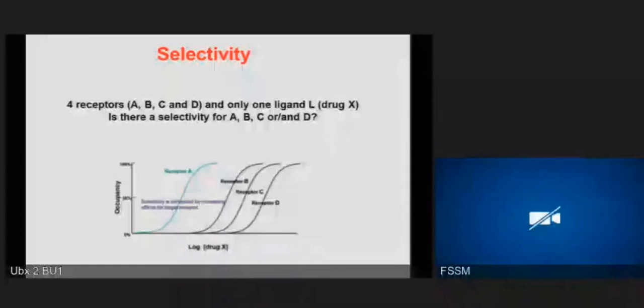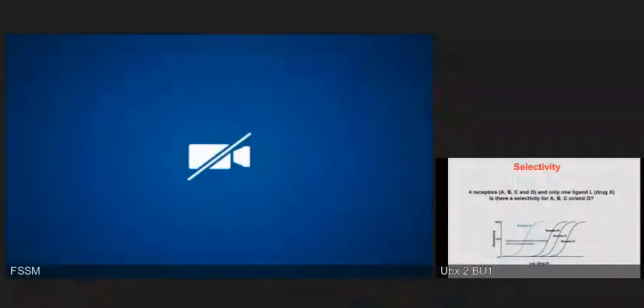Because if we look at KD, we see that the ligand prefers receptor A more than the others. So his affinity for receptor A is bigger. Thus, his selectivity for receptor A comes first. Okay.